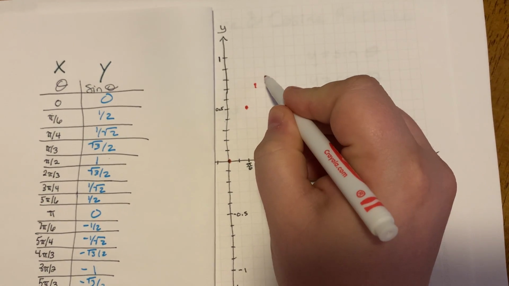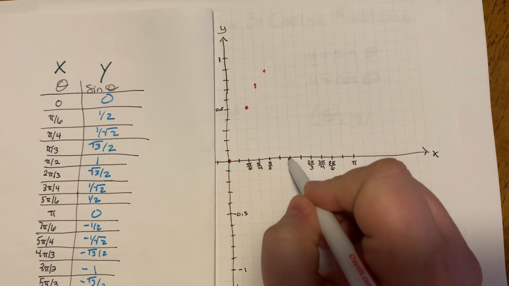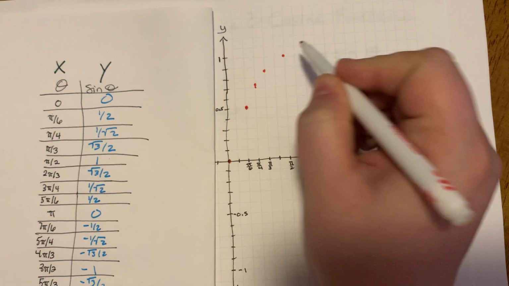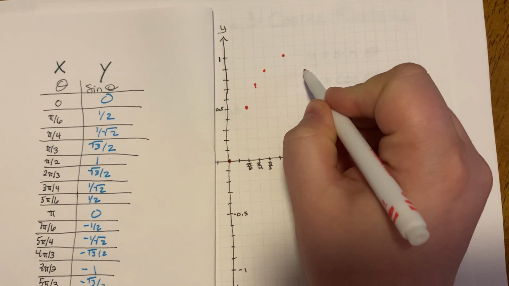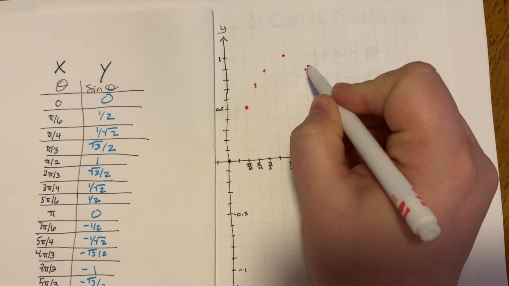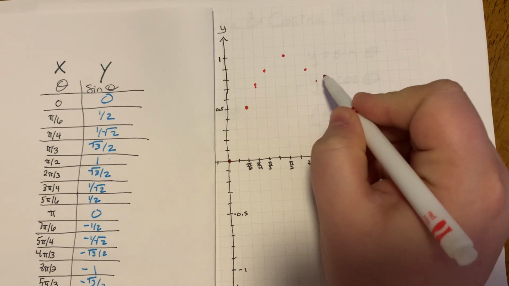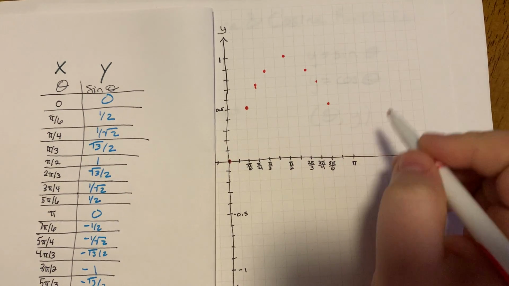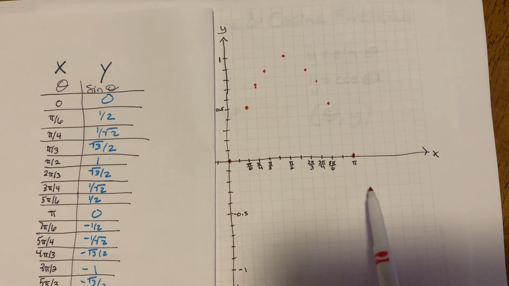Up here at pi over 2, we're all the way up at 1, and then we just start to fall back down on that same pattern. 0.866, 0.707, 0.5, and then at pi we're back at 0.